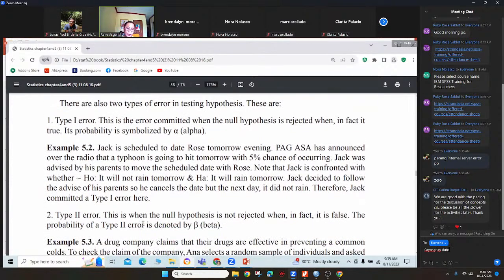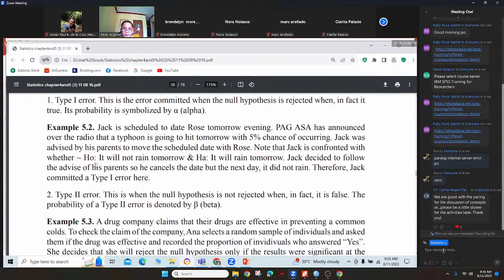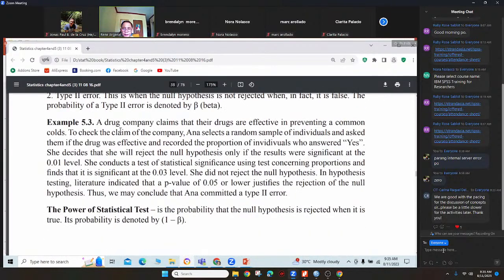Okay, type 2 error, that is when the null hypothesis is not rejected, when in fact it is false. So you have an example here. A drug company claims that their drugs are effective in preventing a common cold or colds, no?